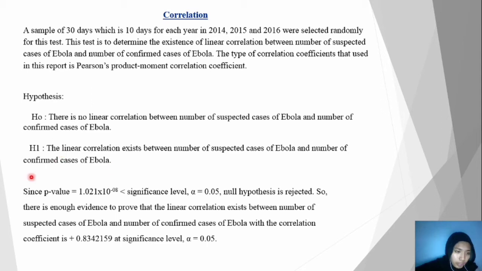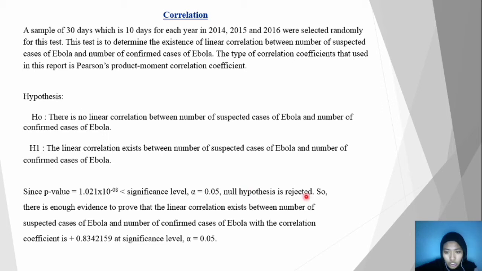From the R calculation, I get a p-value of 1.021 times 10 to the power of negative 8, which is less than the significance level I use in this test. So I can conclude that the null hypothesis is rejected.